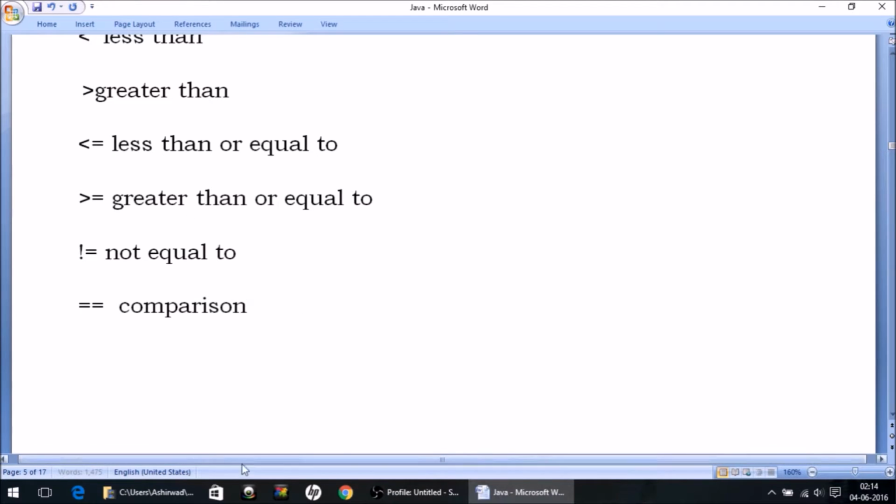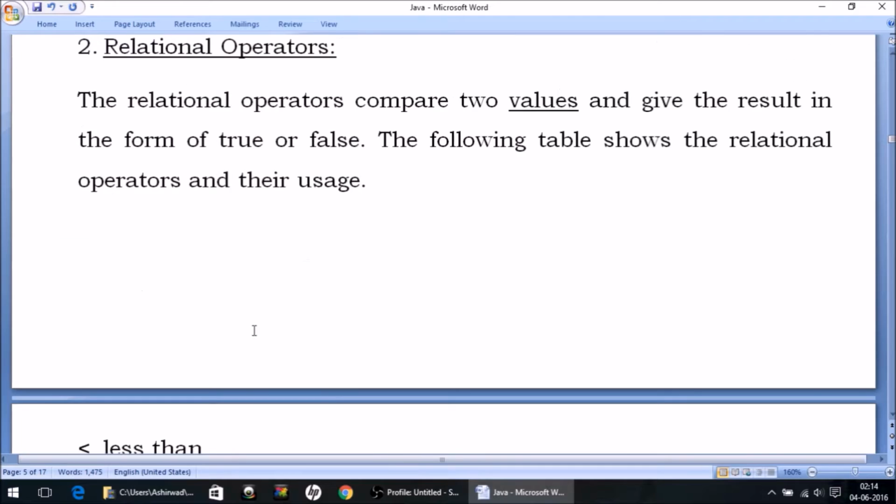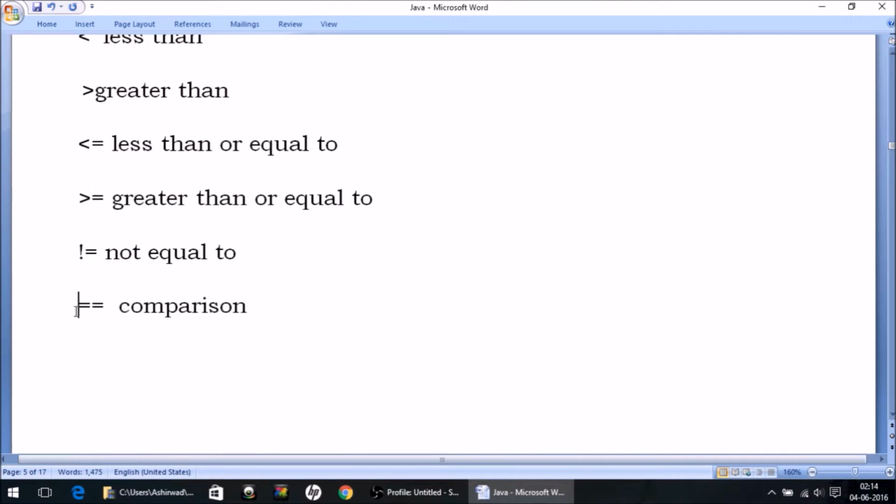Okay, I think earlier I said assignment with this, so sorry for that. It is called comparison operator.